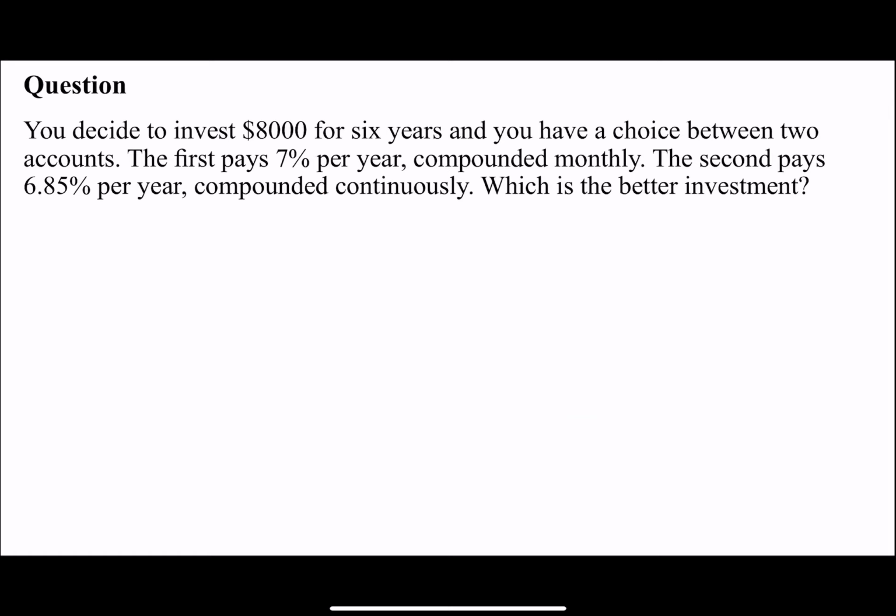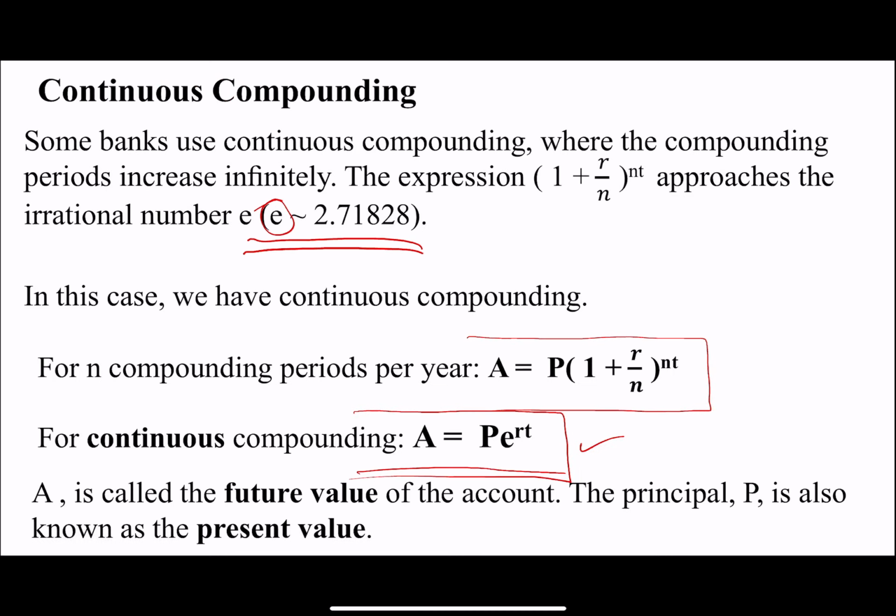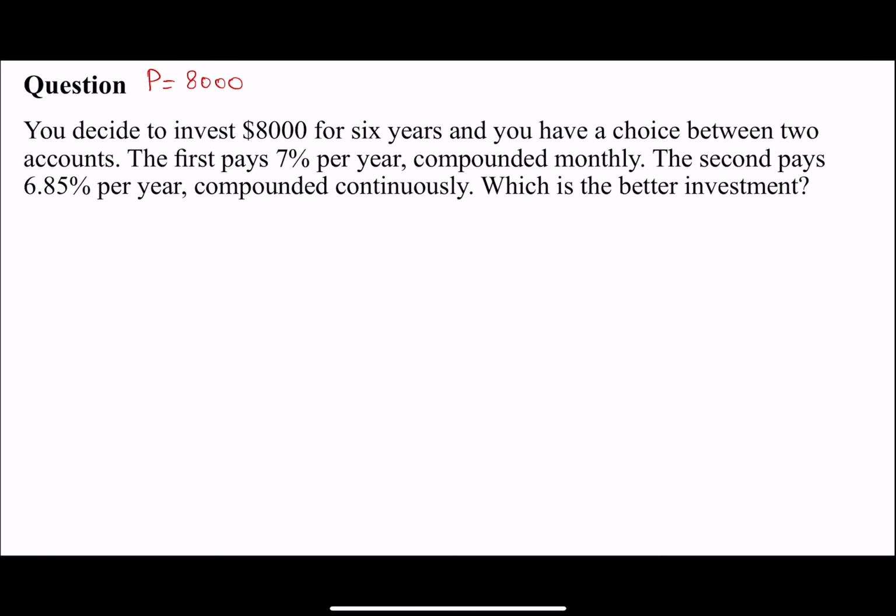So let's answer a question. You decide to invest $8,000 for 6 years. So we have the principal, $8,000, for 6 years.